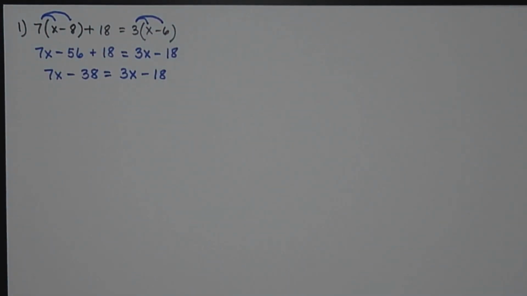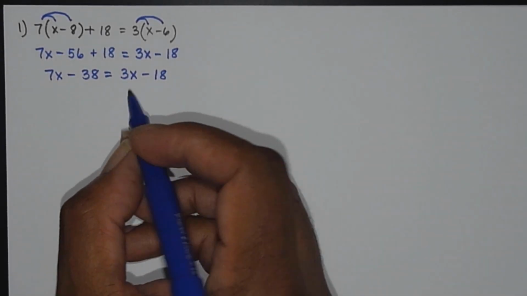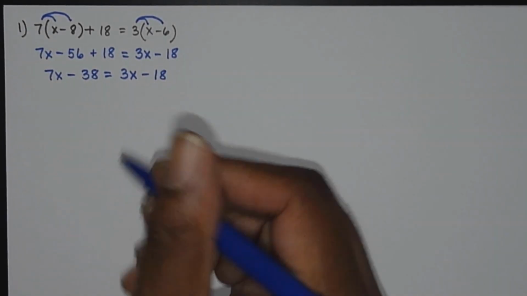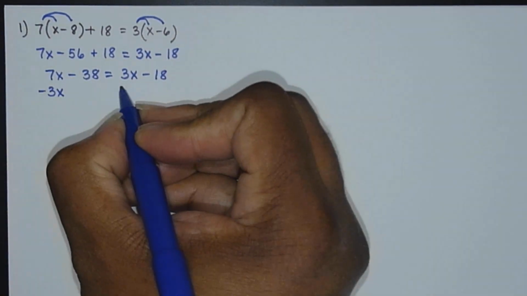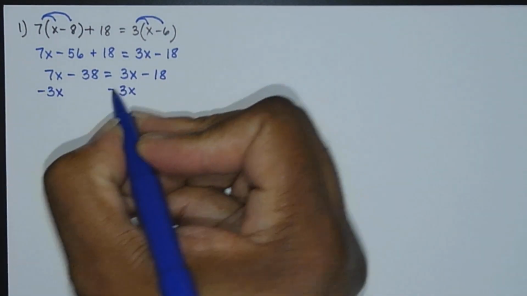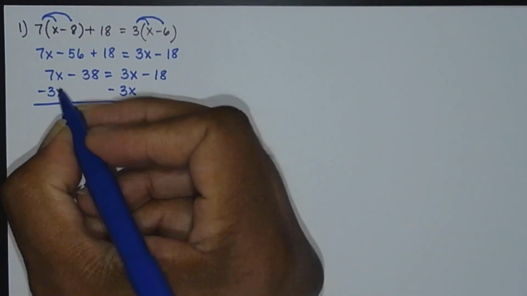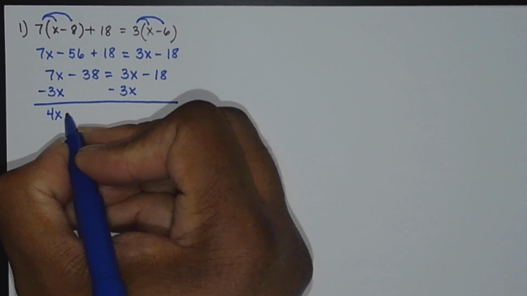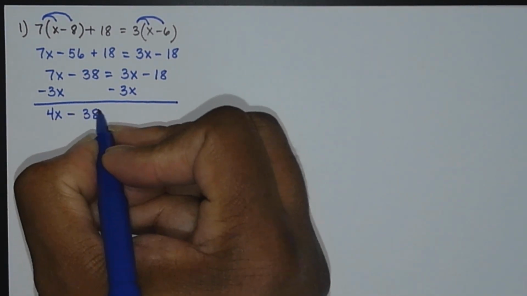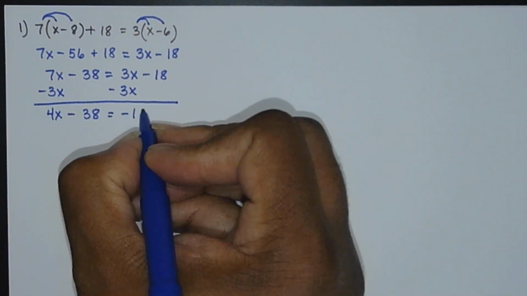Now I need to get the variables on one side of the equation and the numerical terms on the other side of this equation. So it'd be best to move the 3x over to where the 7x is by subtracting 3x. So that means 7x minus 3x will be 4x minus 38, and that's equal to negative 18.